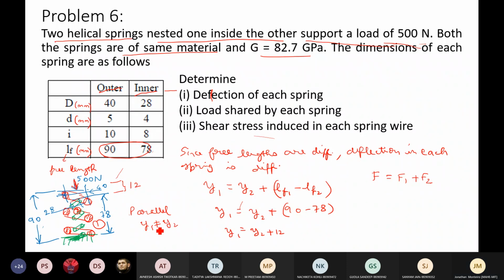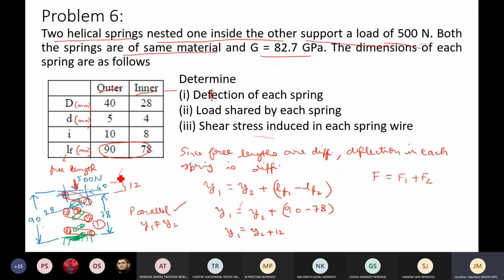Though it is a parallel combination, y1 is not equal to y2. The reason is that the free lengths are different. Suppose both were the same, that is 90 and 90 or 78 and 78, then y1 would be equal to y2, and from the beginning all the load would be shared correspondingly by the two springs.